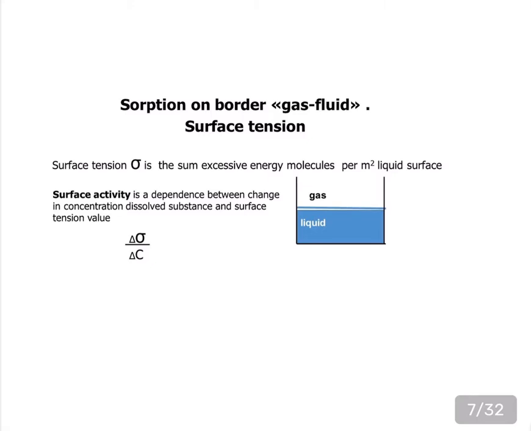The surface energy, or surface tension, of a liquid will change when some dissolved substance appears in the liquid.